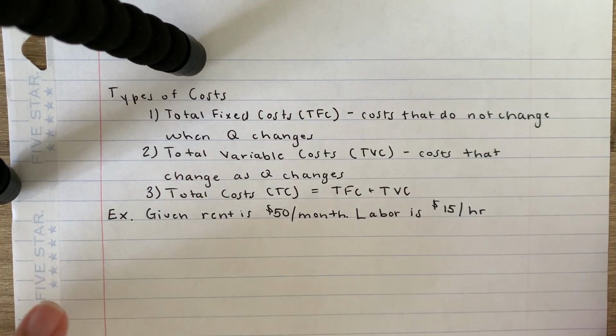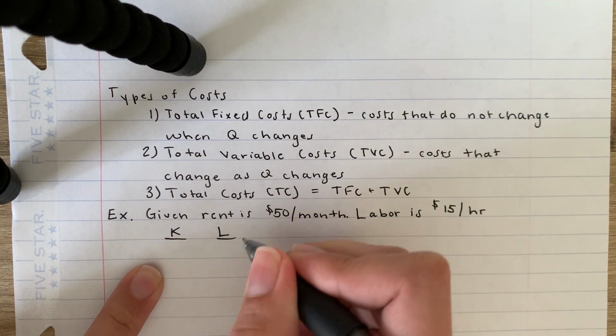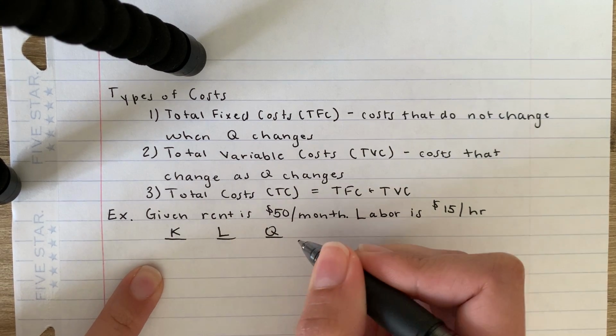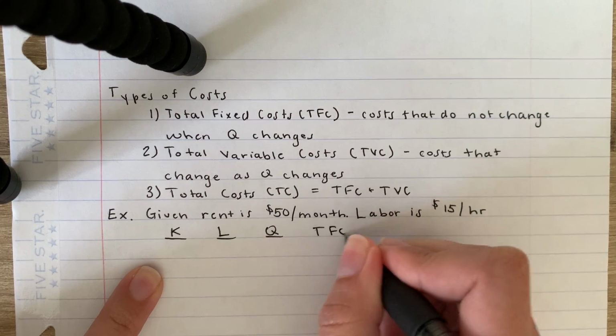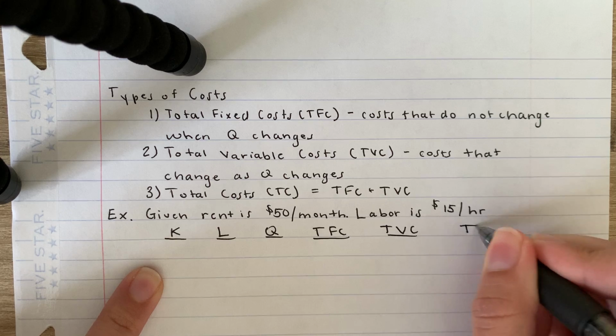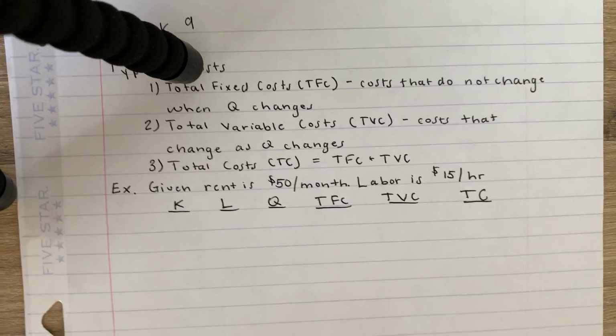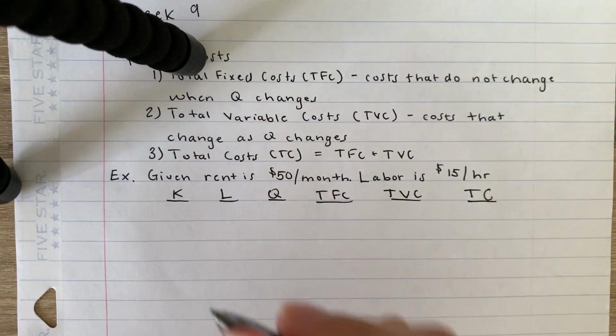Then we have capital K, L is labor, Q is how much we produce, total fixed cost, total variable cost, and total cost. This information is going to be given to you in a problem, so I'm just going to make these up.